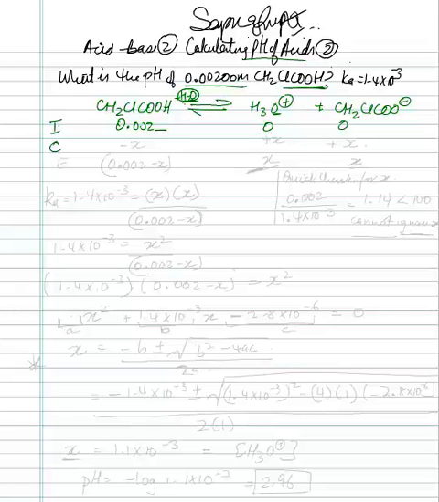So the change then is minus X for the acid and then plus X for hydronium and plus X for the acetate. The equilibrium concentration is 0.002 minus X and then of course X and X over here. So our Ka then is equal to 1.4 times 10 to the negative 3, which is equal to X times X divided by 0.002 minus X.